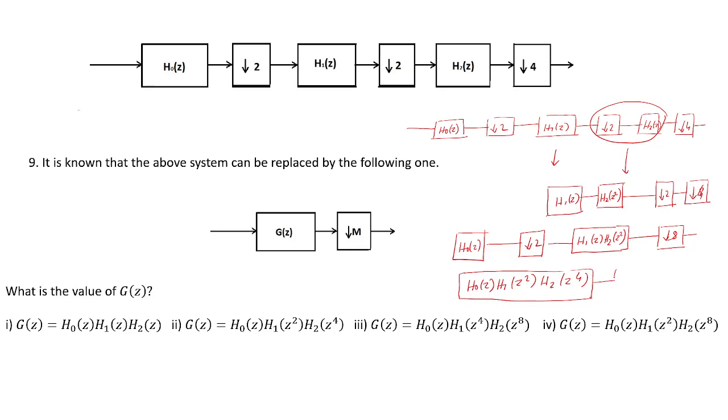And on the right, this downsampler block with the factor of 2 combines with the downsampler block with the factor of 8, and becomes a downsampler block of 16. So from this to this, this to this, and you obtain this to this. So you can see that G of Z is nothing but H0 of Z, H1 of Z square, H2 of Z to the power 4. So option 2 is the correct one.